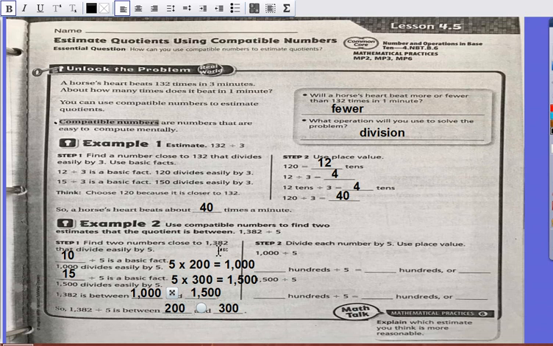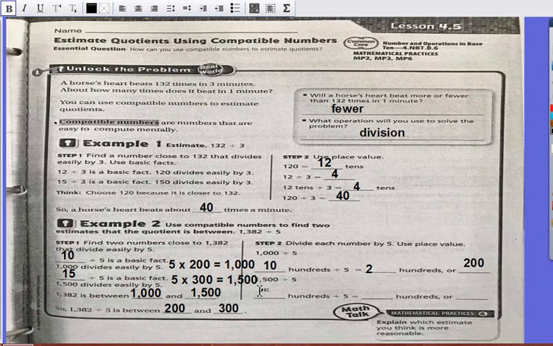Okay, step 2, divide each number by 5. Use place value. So this is kind of what I was doing earlier. We have 10 hundreds, also known as 1,000, divided by 5 equals 2 hundreds or 200.